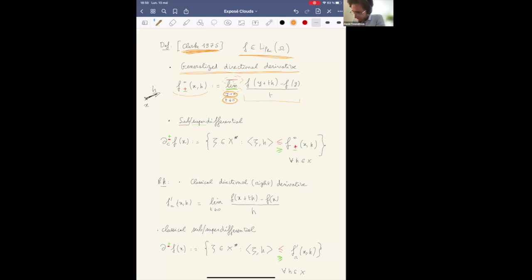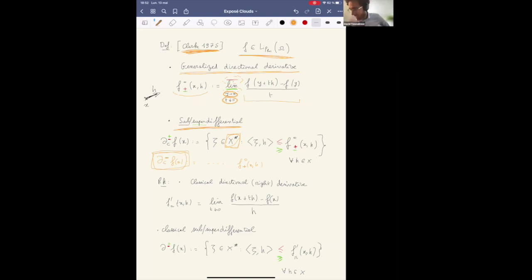And out of these generalized directional derivatives, we can define the sub and super differentials. The subdifferential is a subset of the dual of the Banach space X. It is made of linear forms which are always under the upper generalized directional derivative in the direction of h.